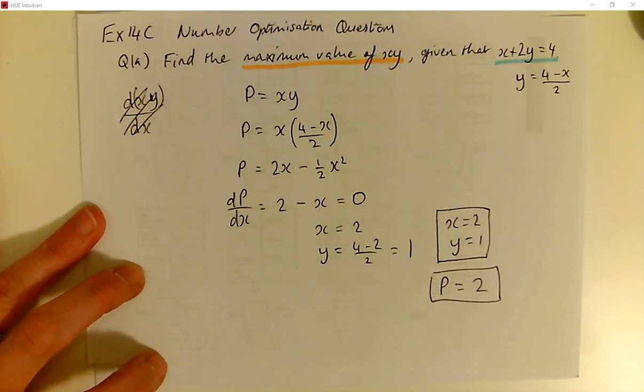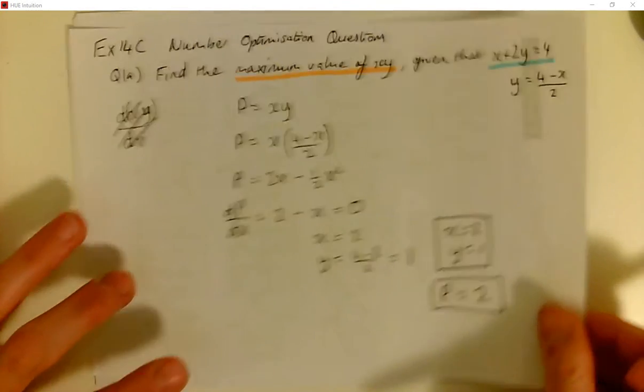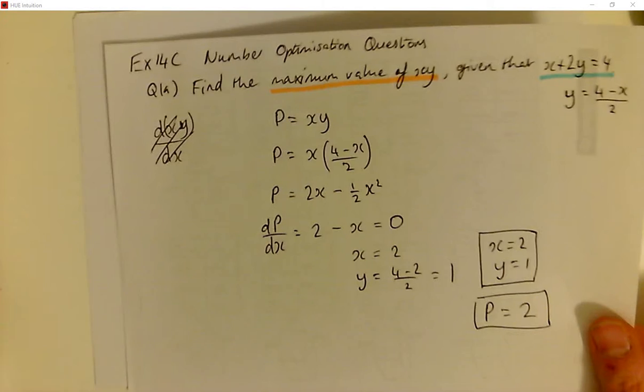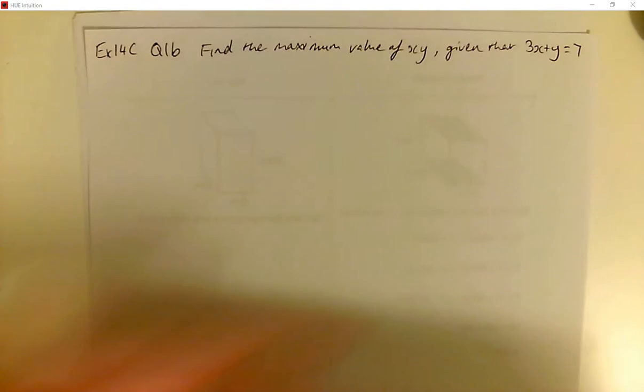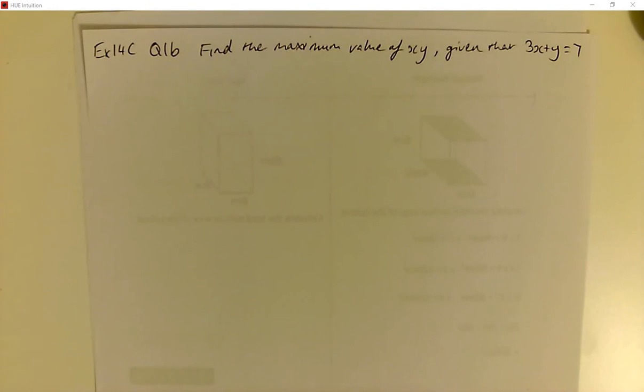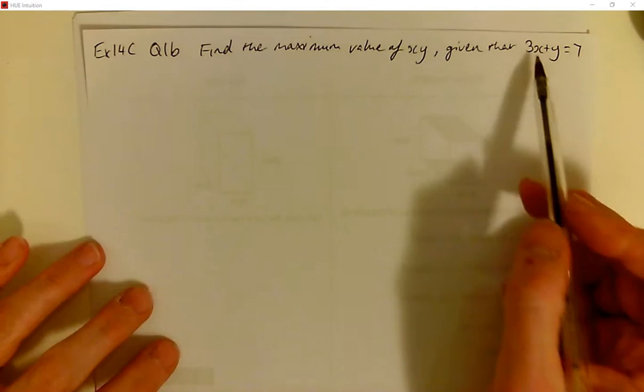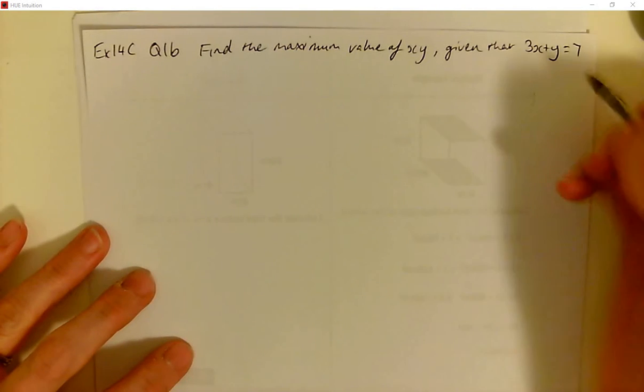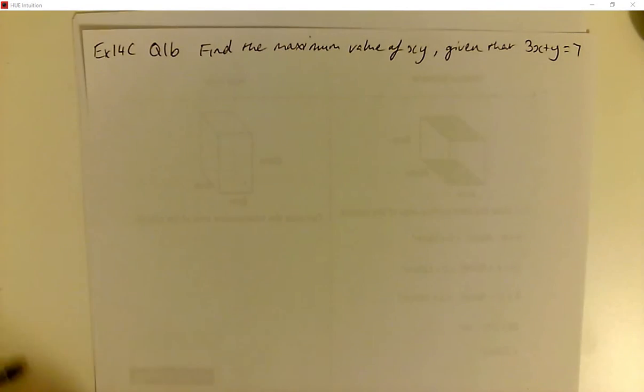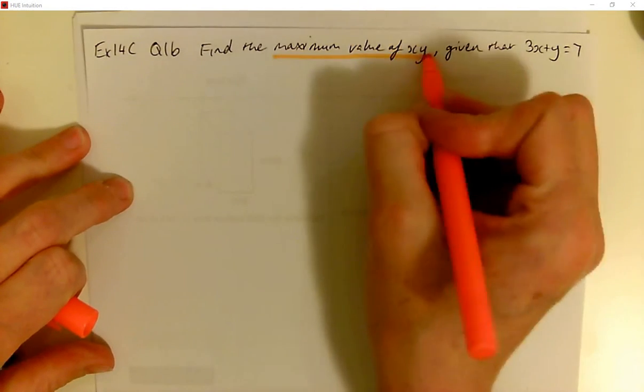Okay, right, let's try another similar example. So this time we want to find the maximum value of the product again, given a different restriction. So we follow the same process. The thing that we want to maximize is this product.